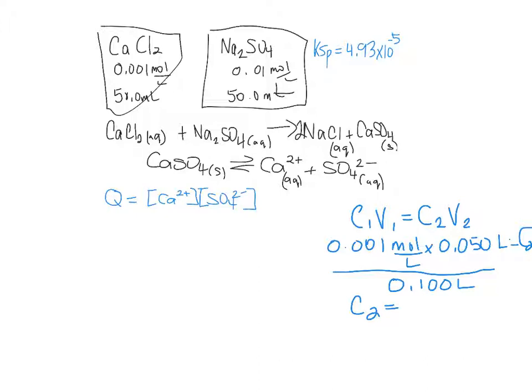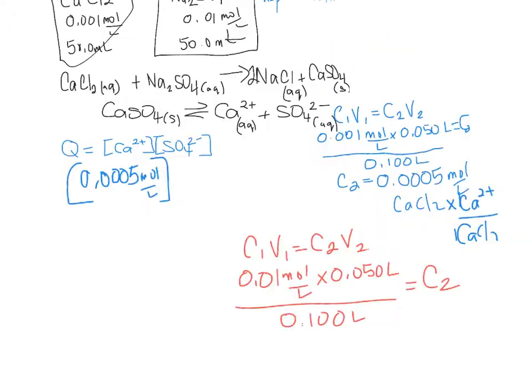It's milliliters, but the units are in liters. What does it say after 0.05? C2 is equal to that. Point one liters on the bottom, because this is 100 milliliters.